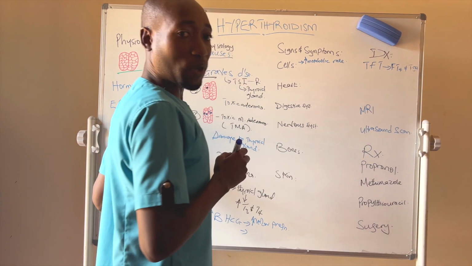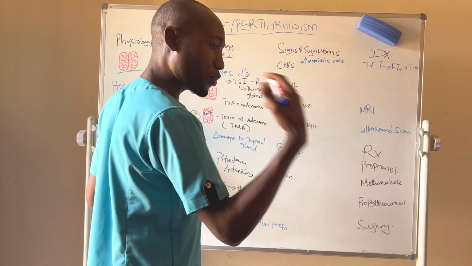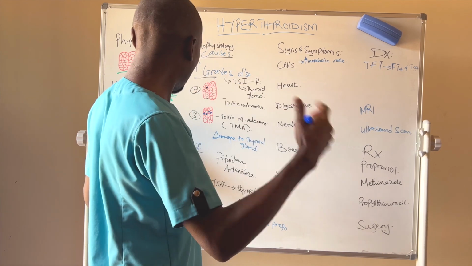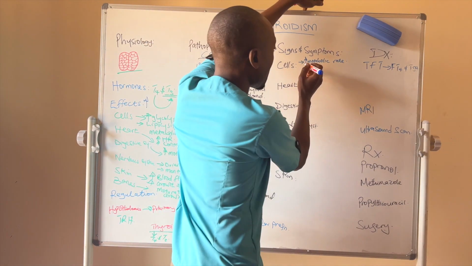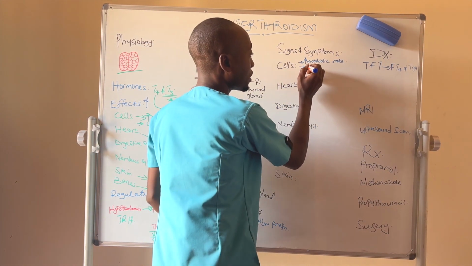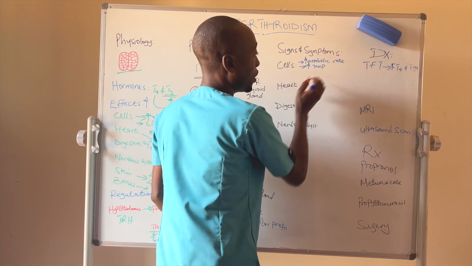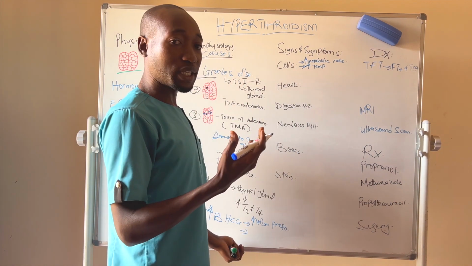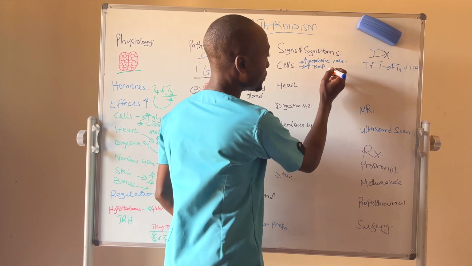And what does this translate to? A high metabolic rate leads to increase in glycolysis, increase in lipolysis, increase in glycogenolysis. And therefore, as a result, okay, we are going to have an increase in body temperature, because an increase in metabolic rate results in an increase in temperature. And therefore, someone will have an increase in temperature.